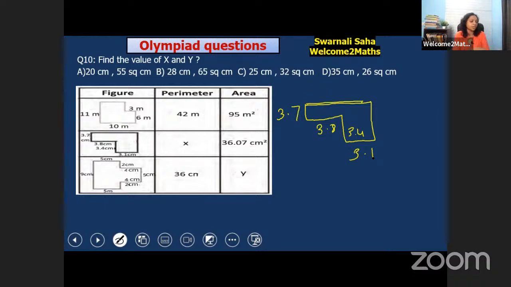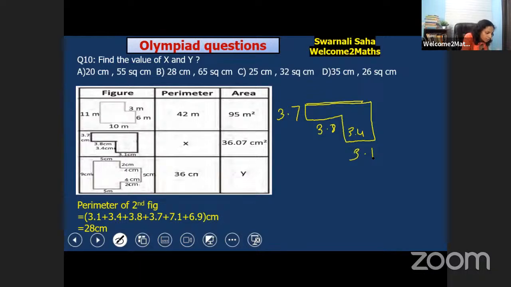3.7, 3.8, 3.4, 3.1. So just we have to find out the perimeter. So what you have to add? You see 3.1 plus 3.4 plus 3.8, 3.7 and 7.1 plus 6.9.